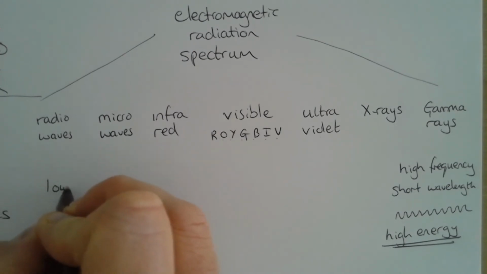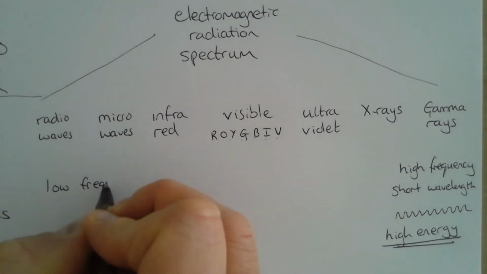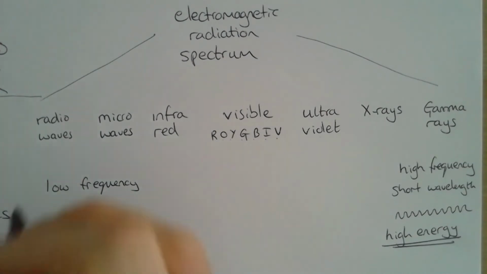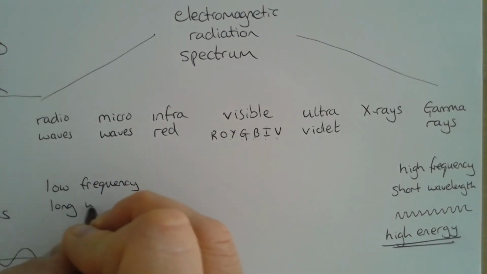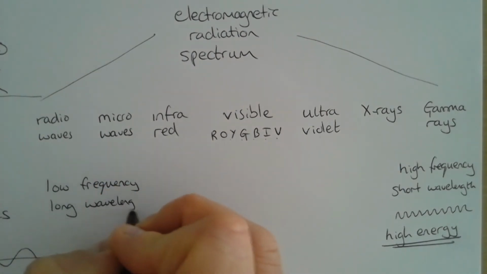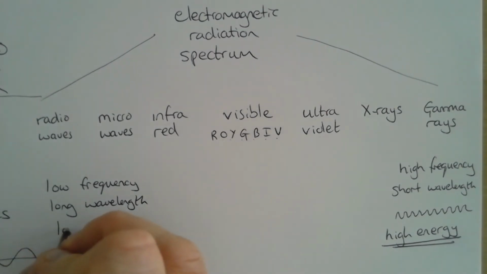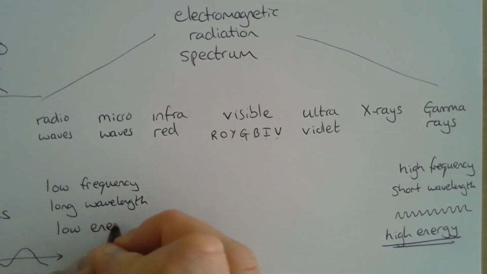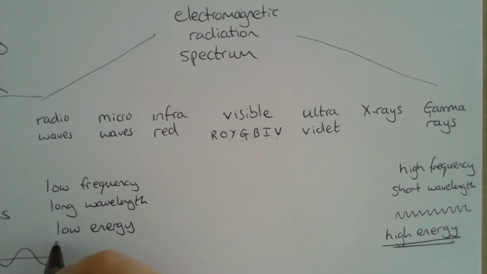If we go back down to the other end with radio waves, the opposite is true. Radio waves have a very low frequency. They have a very long wavelength, which means they have low energy. Radio waves, which are also used in Bluetooth, don't really cause any problems if they interact with us.